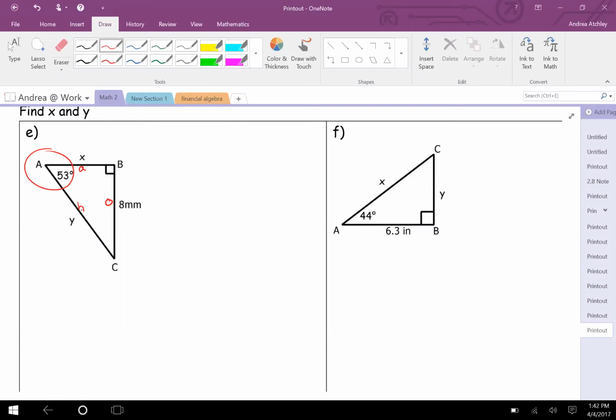We're going to find x and y. I'm going to start by finding the x. So I'm going to use the x and then the one with a number, the side with the number, which is this side here. Then I'm going to review SOH CAH TOA.